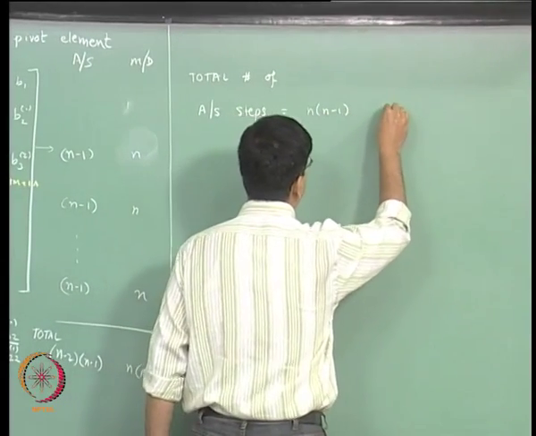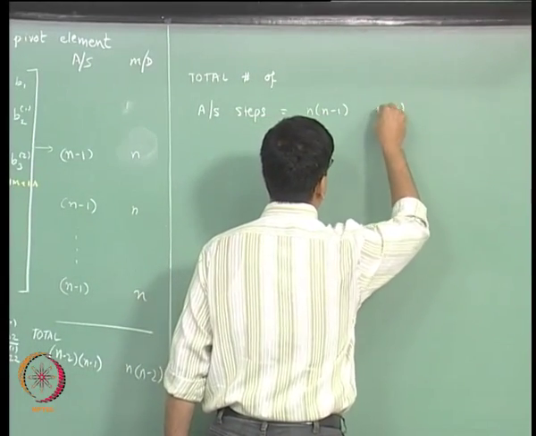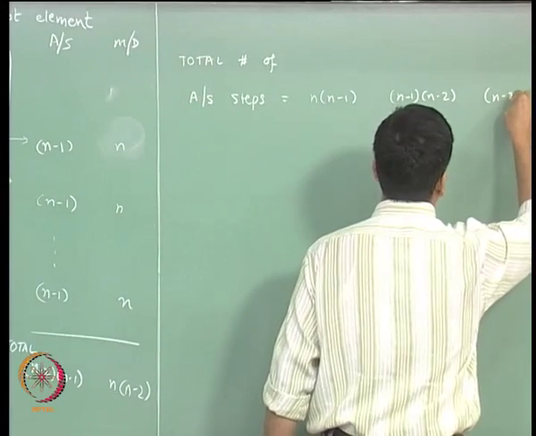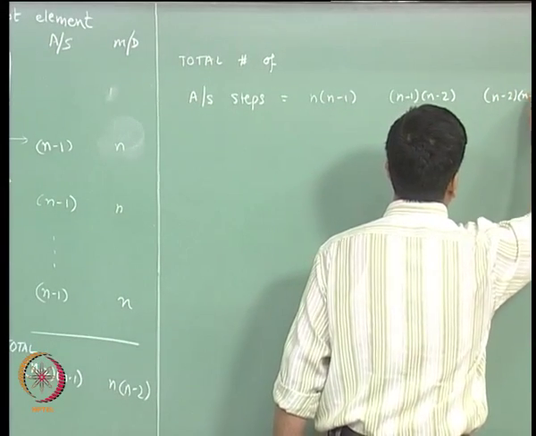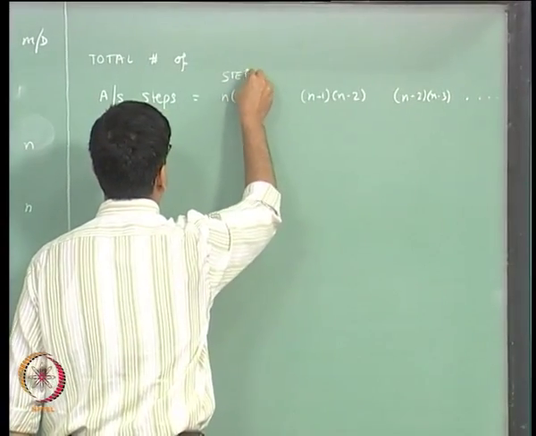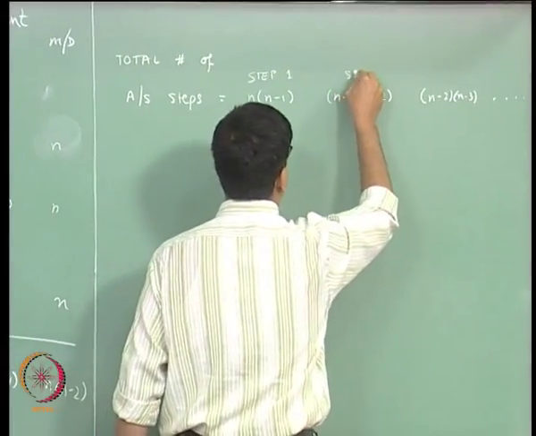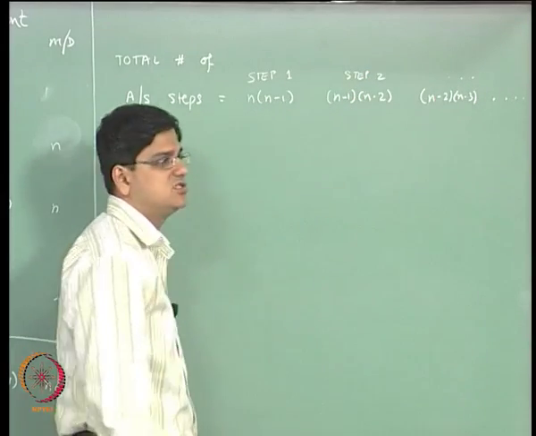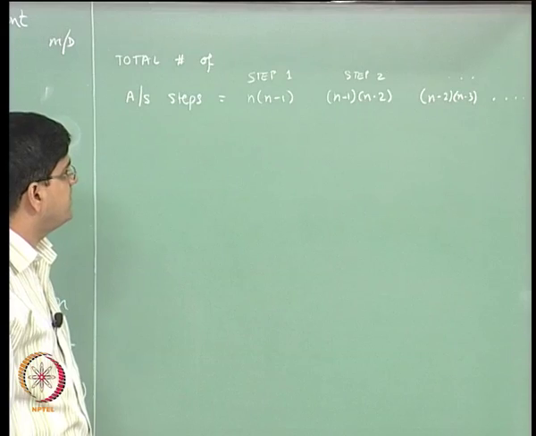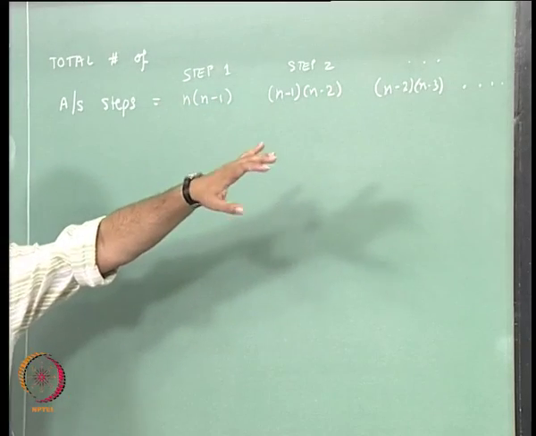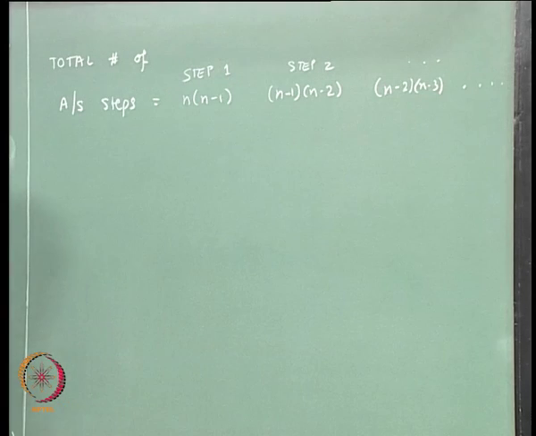So n minus 1, n minus 1, n minus 2, n minus 2, n minus 3 and so on. This is in step 1, step 2 and so on up to step n minus 1, and in step n minus 1 we will have 2 multiplied by 1 number of steps.